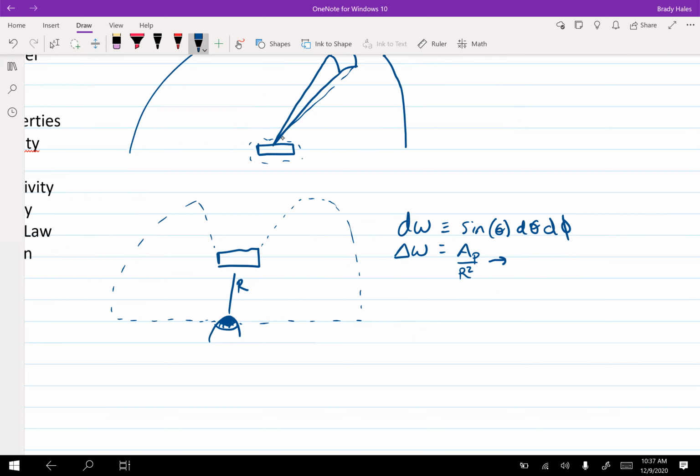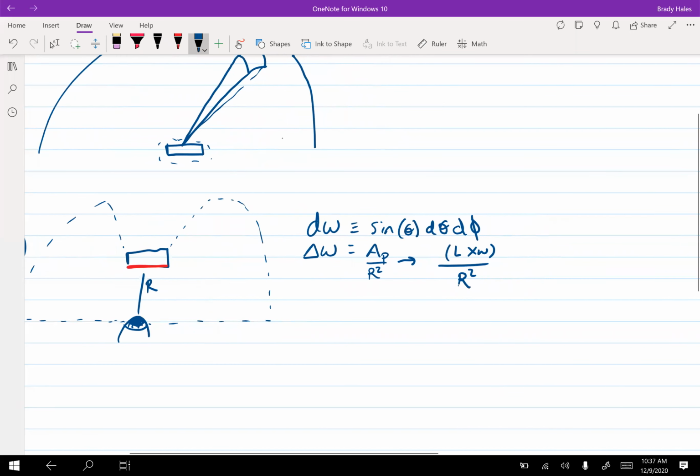At the moment, the way I've drawn this, I guess I could call this drawing one. The eye is looking directly at the computer screen. And let me just draw the actual screen part in red. Okay, so in this case, the projected area is going to be length times width, and then the solid angle would be divided by distance squared.